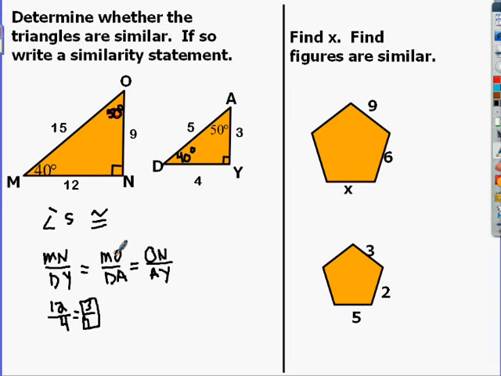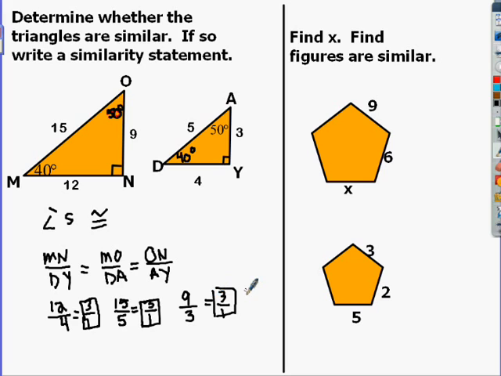How about MO over DA? So that would be 15 over 5, which reduces to 3 over 1. Perfect. And then ON over AY, well, 9 over 3, which reduces to 3 over 1. 3 over 1, 3 over 1, 3 over 1.